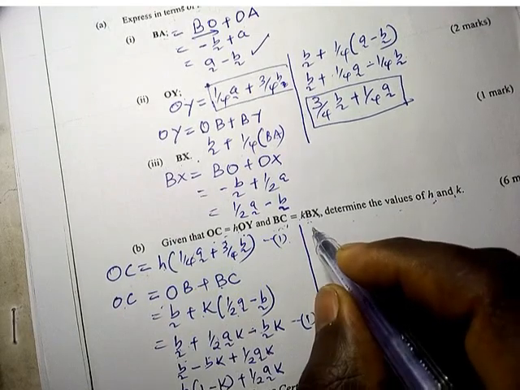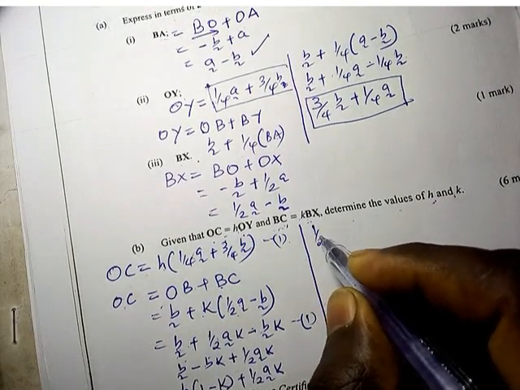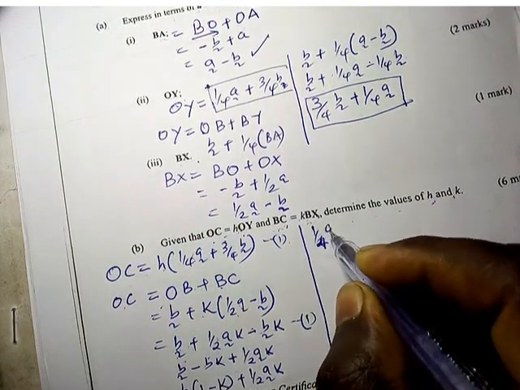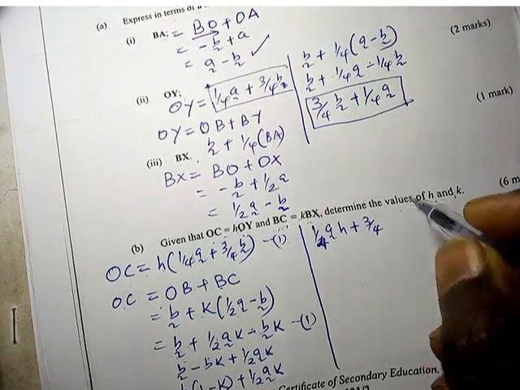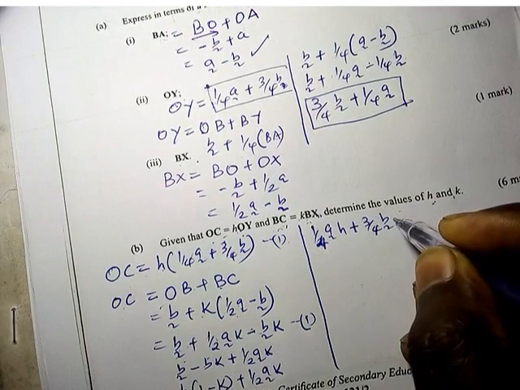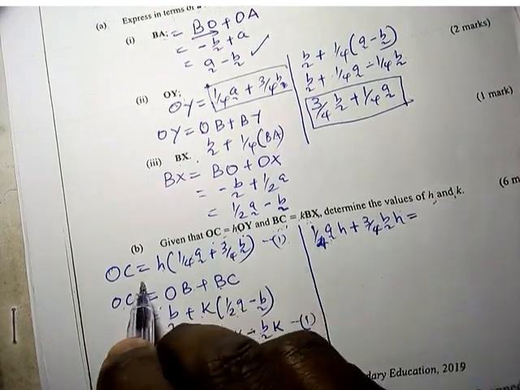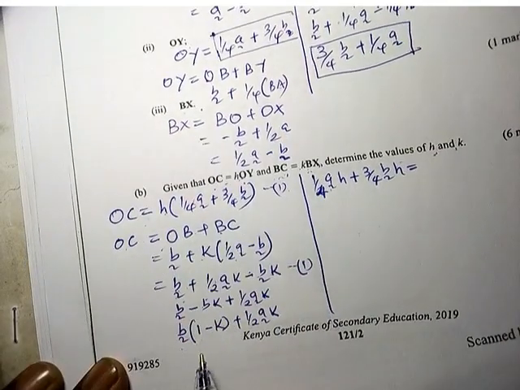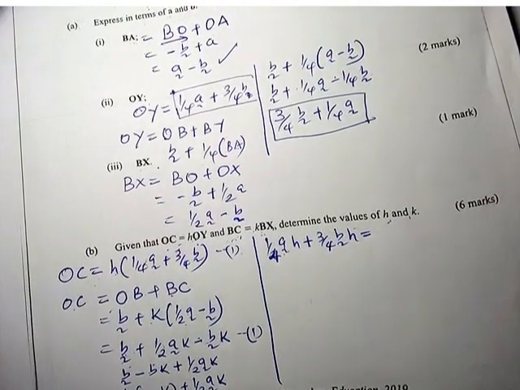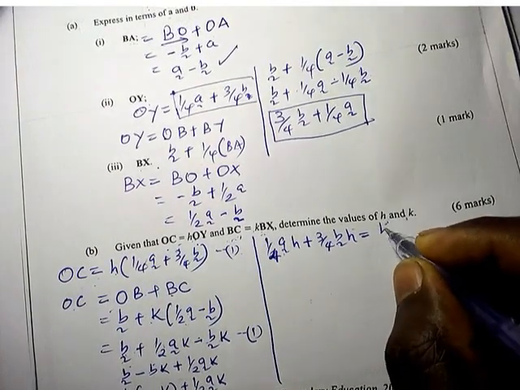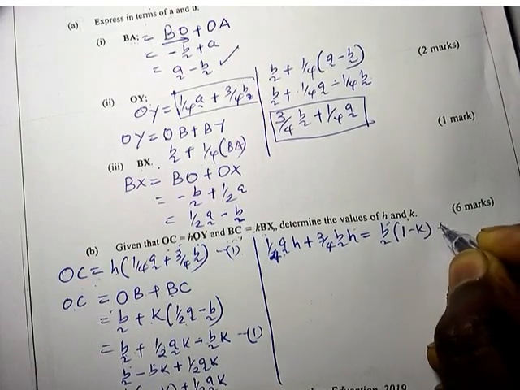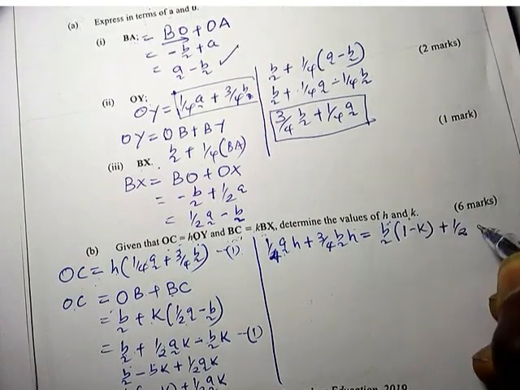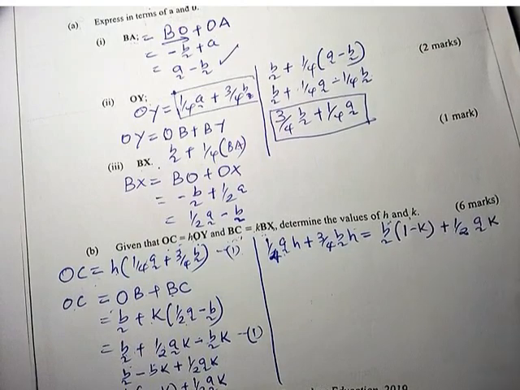Open this. This is a quarter vector AH plus 3 over 4 vector BH is equal to, because that is OC, it will be equal to this. Will be equal to B vector into 1 minus K plus 1 over 2 vector AK.